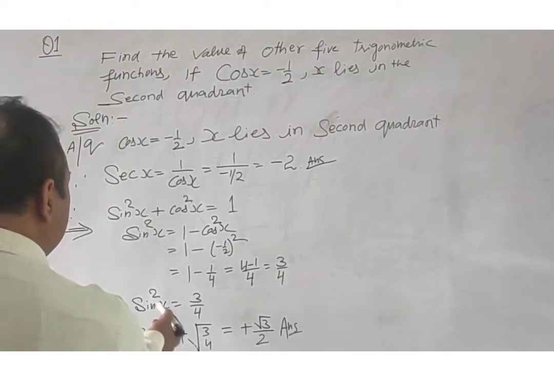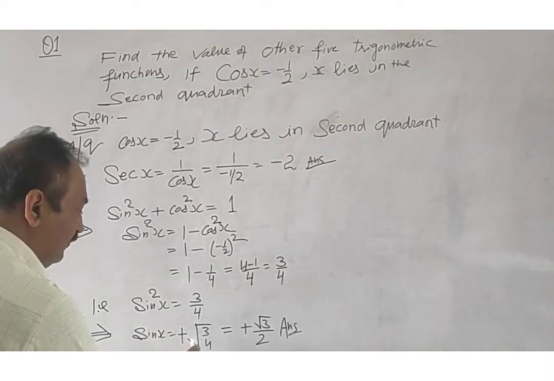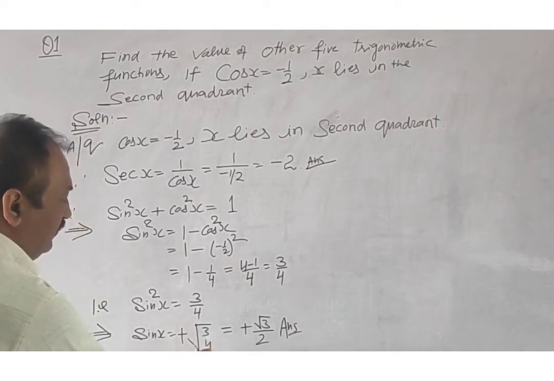The value of sin square x is 3 by 4. Therefore, taking square root of both sides, you will get sin x is equal to under root 3 by 4.